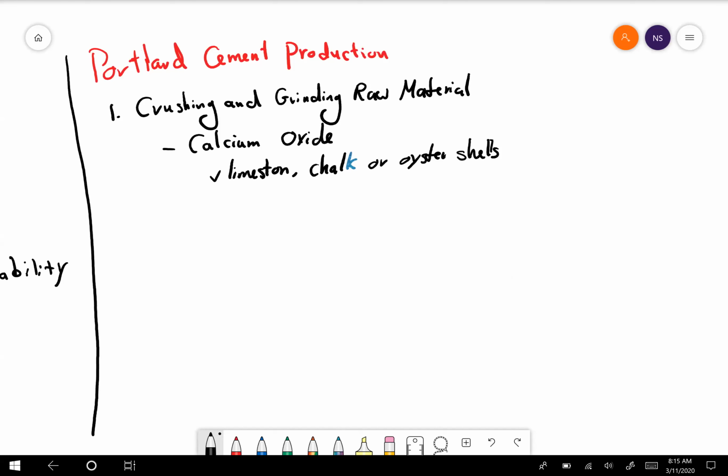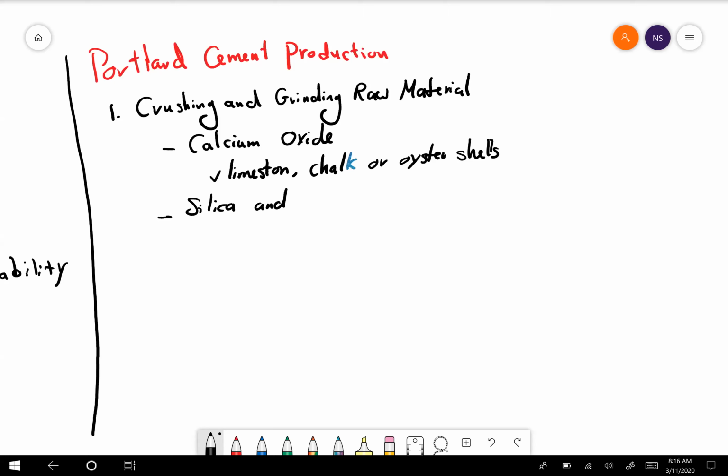Okay, now we have to have a calcium type material in the mix of the cement, and also we need to have silica and alumina. So we need these for the chemical reaction to produce and make the Portland cement, and later on we need the silica and also the calcium part of the Portland cement to be able to react with water and do the hydration process for the concrete.